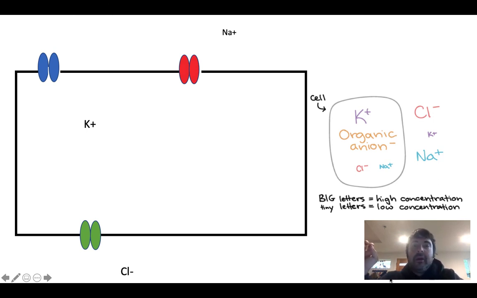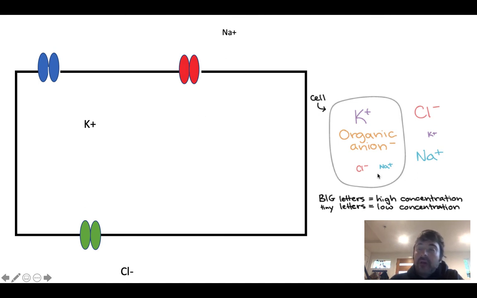So, the final thing we're going to talk about is the difference between what's called depolarization and hyperpolarization, because these are really important concepts to understand with respect to membrane potential. So if you look at this cell over here, capital letters or big letters mean that you have a high concentration of a solute. So potassium has a really high concentration in the cell.